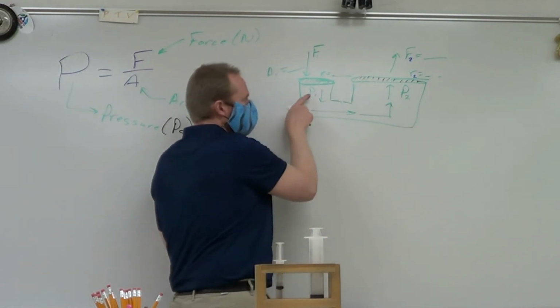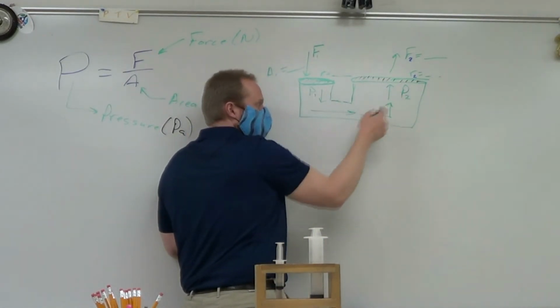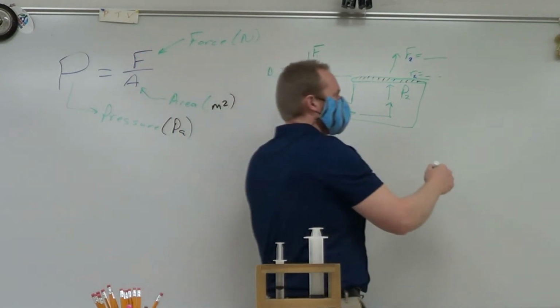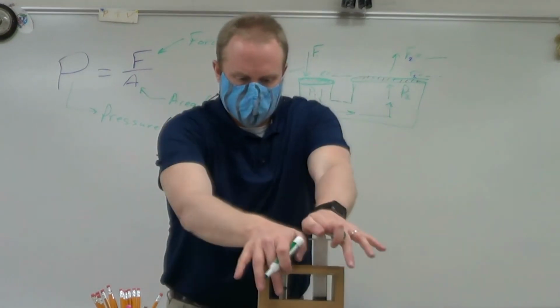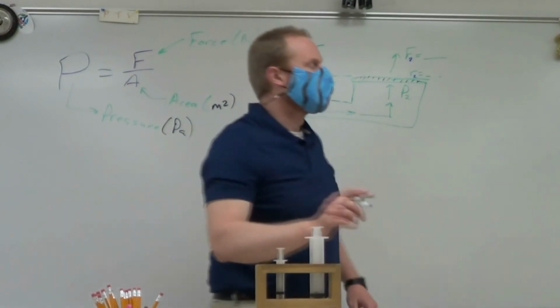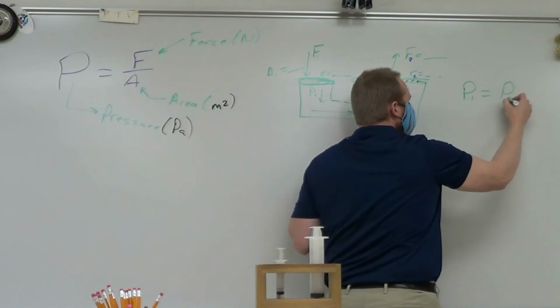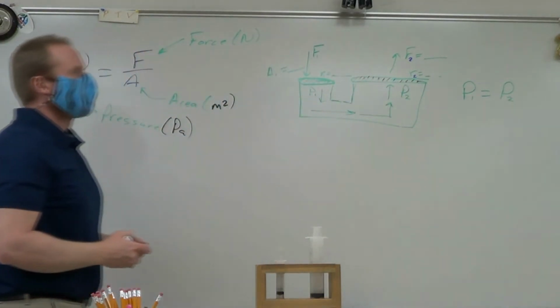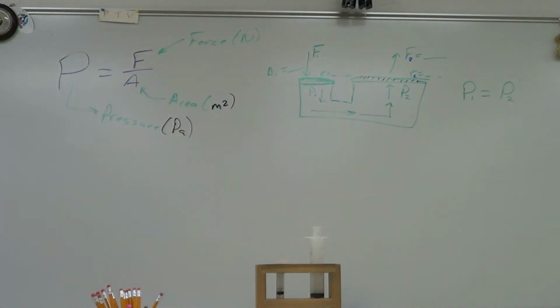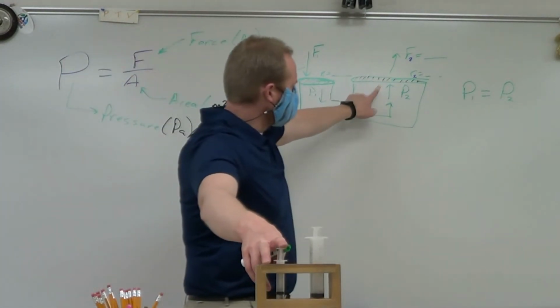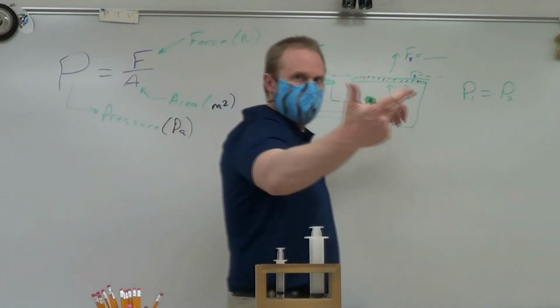We could measure the pressure at location 1 and the pressure at location 2 or 3 or 4 or any point along the way, but because this is a closed system, when I push on these two things, we would actually find that the pressure in the fluid are actually equal to one another. So P1 is equal to P2. We could say that the pressure right here, because I pushed down on the small cylinder, is equal to the pressure right here that's pushing up in the big cylinder.